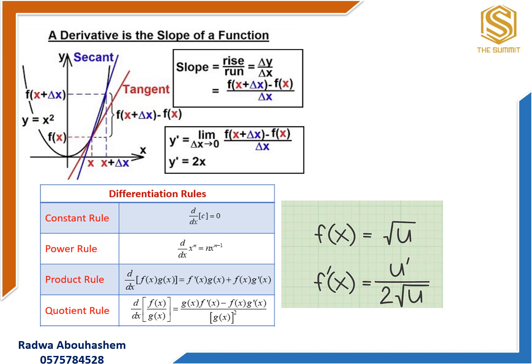This is the curve. When the line intersects the curve at 2 points, I call it secant. Okay, and once the line intersects the curve at just 1 point, I call it tangent line. So if I took the slope of the secant line, this means I'm getting something called the average speed.